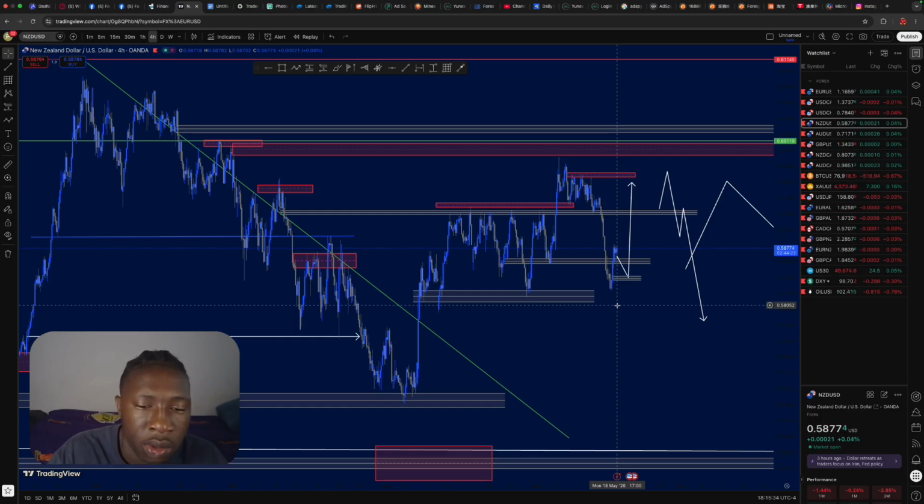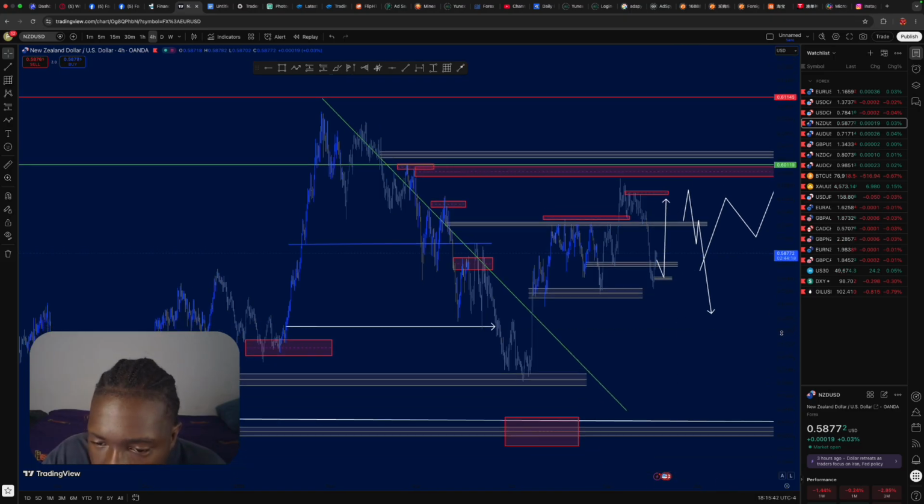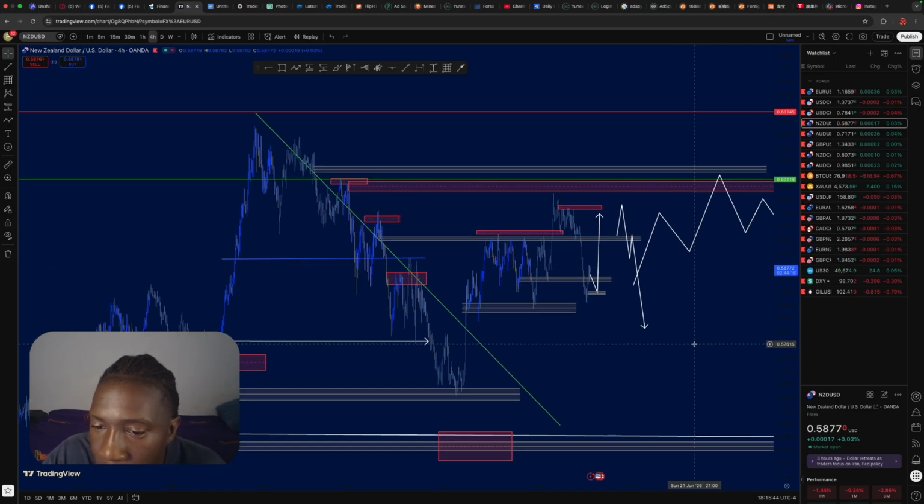So on NZD USD, there is something that I need to consider, but right now we need a move to the upper side so that the market will go up. We'll try to find some trades that we can take during its upward movement.